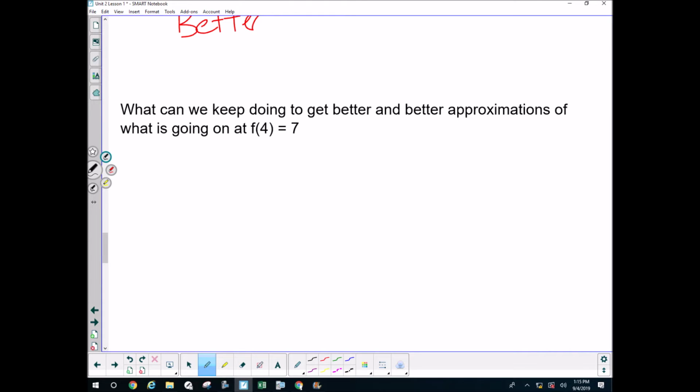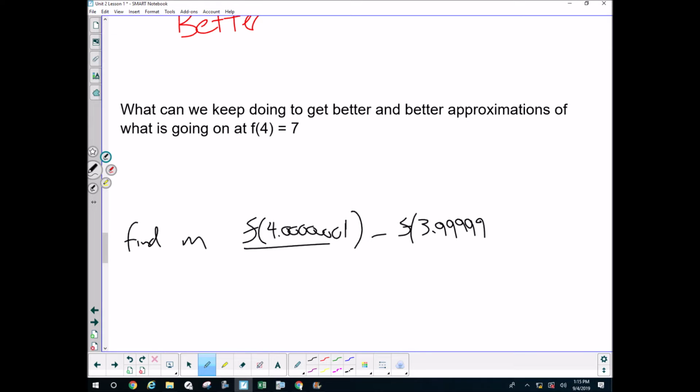Why don't I use points like 4.0000001, 3.9999999, and find the slope? I could do that, right? Because I'm not going to get a 0 in the denominator. I'm going to get something very, very close to 0. But that's the idea.